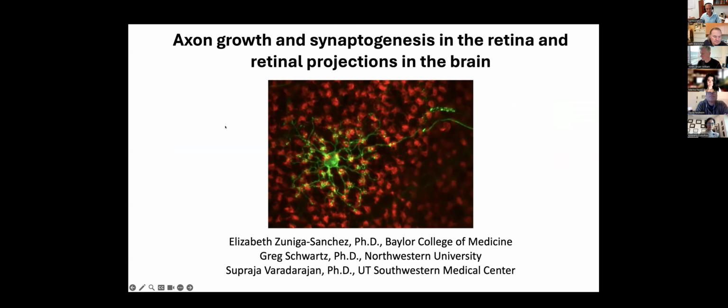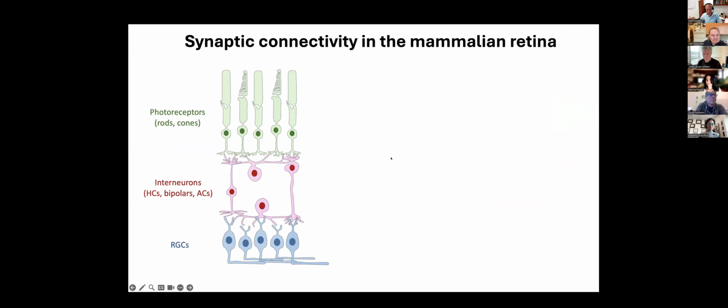Can everyone see my screen? Okay, perfect. Let's get started. Synaptic connectivity in the mammalian retina. This is a very simplistic overview of the retina circuit: photoreceptors, your rods and cones, form synapses with your inner neurons.